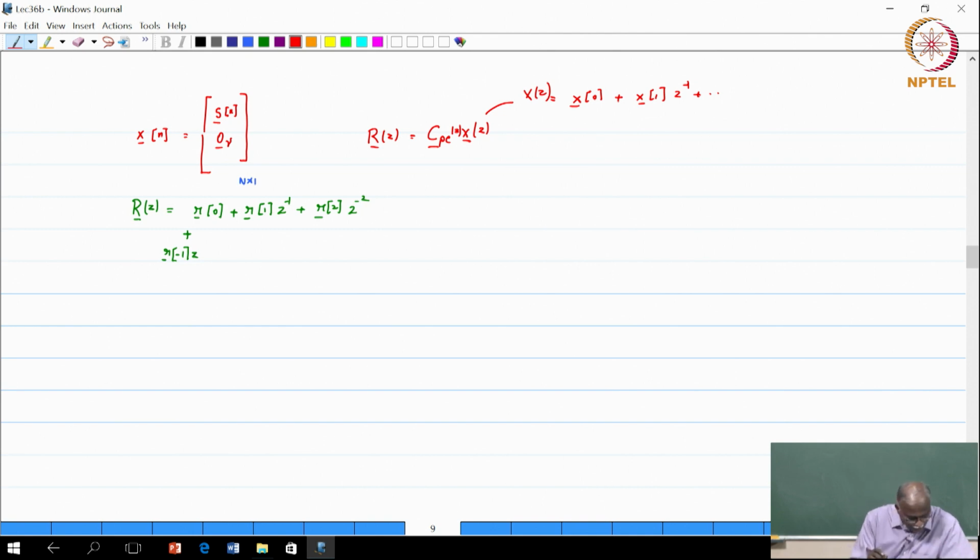So, effectively when you compare the like powers of Z, you will get the following equations. You will get R sub 0, that is the constant term on the left hand side, equal to C low times X 0. No, S 0, because after you have removed the zero padding.